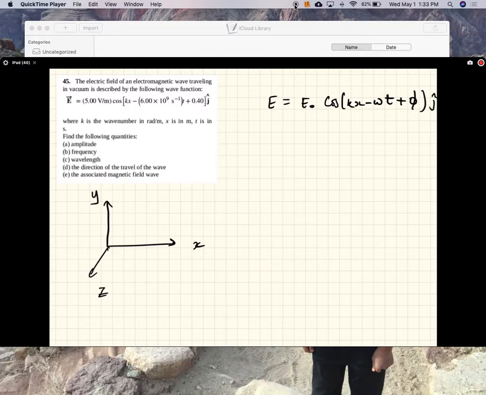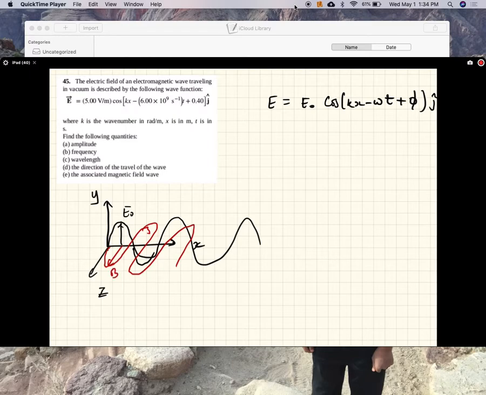The electric field is in the xy plane, so it varies sinusoidally in the xy plane. This is the electric field, E naught, and the magnetic field is of course perpendicular to the electric field, so it will vary like so.